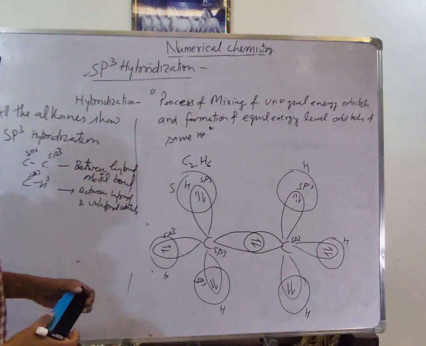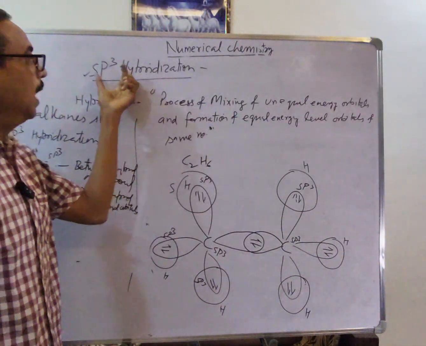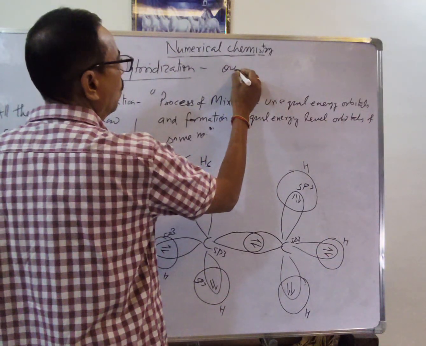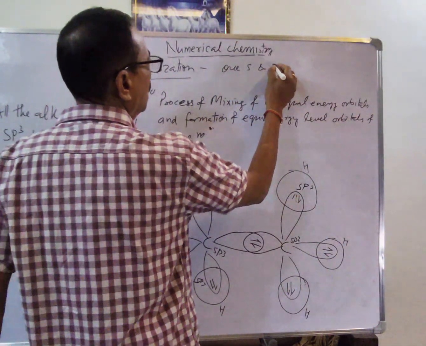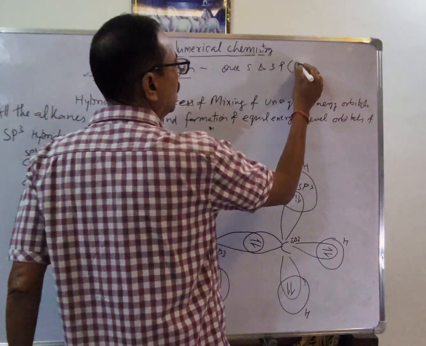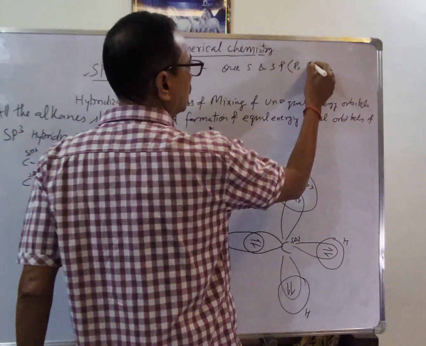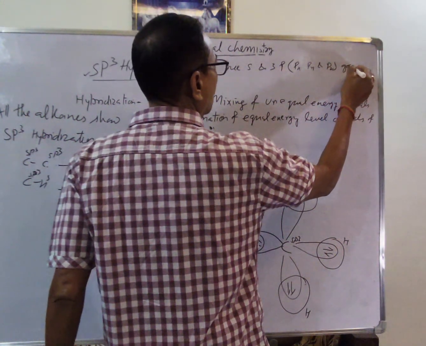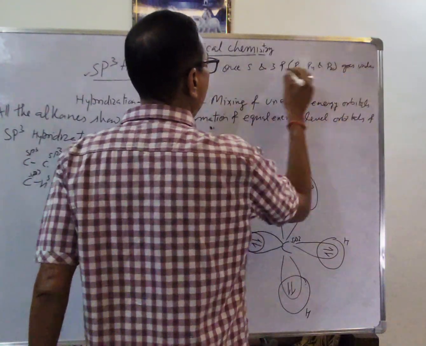So I think now sp3 is clear, as its nomenclature says: one s and three p. The three p orbitals, along the x, along the y and along the z axis, go under hybridization.